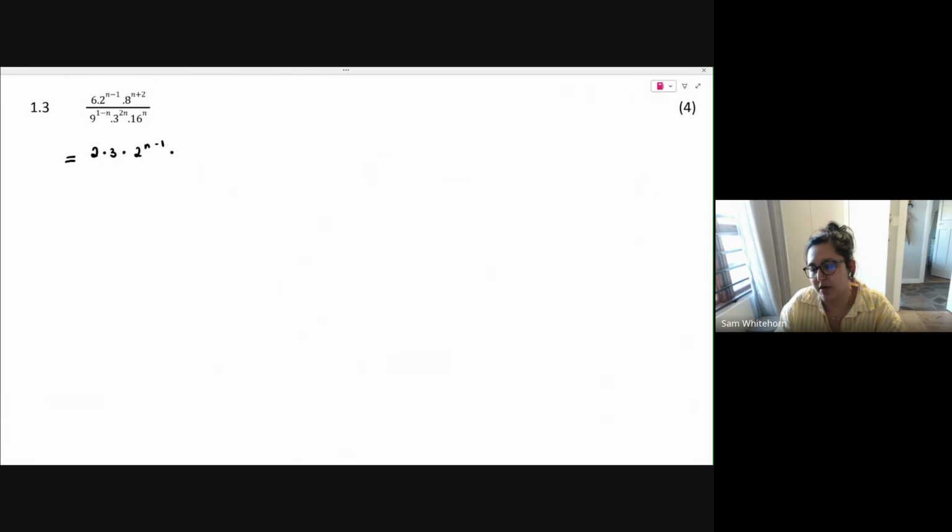Right, 8. How do I write that as a product of prime bases? Good. 2 cubed. But what we must remember is that it's been raised to the power n plus 2. We'll deal with that in a second. Right, 9. How do I write 9 as a prime base?